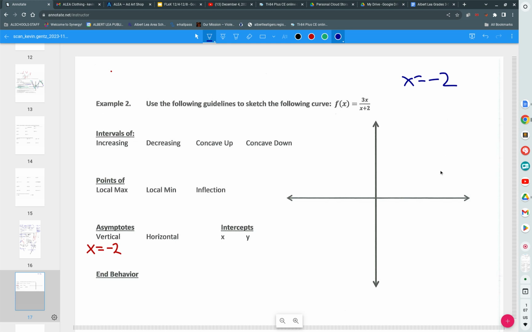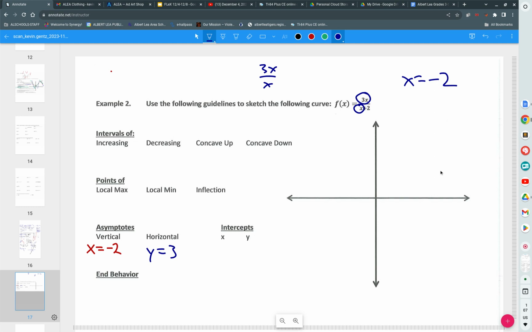Okay? Now, here I'm going to show you something kind of neat. You don't have to do this on the test, but it's a little trick here. I can see right away that the horizontal asymptote is y is equal to positive 3. I know it right away. What it means is if you were to take the greatest thing in the top, which is 3x, and divide it by the greatest term in the bottom, x, what would you get? 3. You see that?